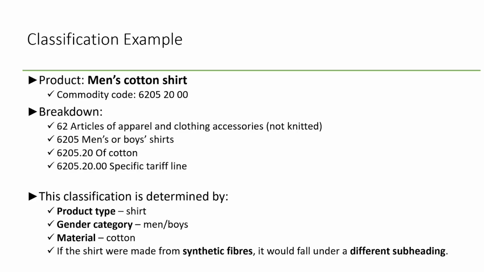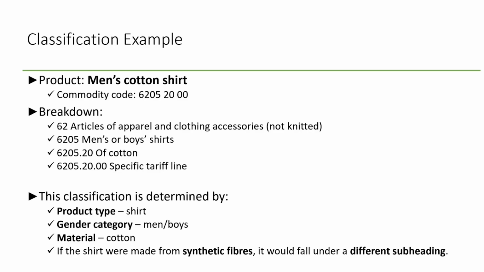So when you're classifying goods, if you see a description that has men's or boys' shirts, but your product is not of cotton, it happens to be of synthetic, then you need to do a deeper dive into what's the correct commodity code for the particular product. In general, it's whatever description matches your product most closely.